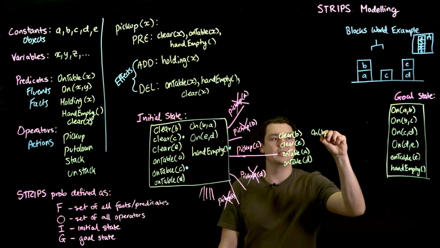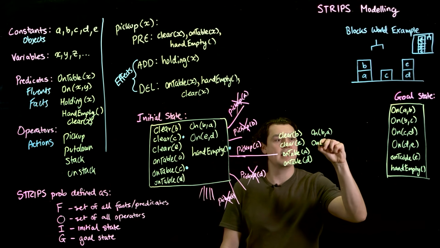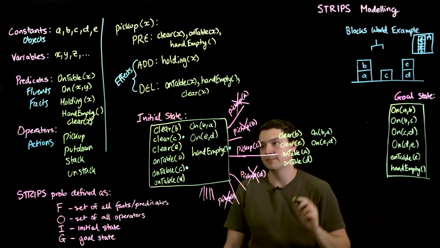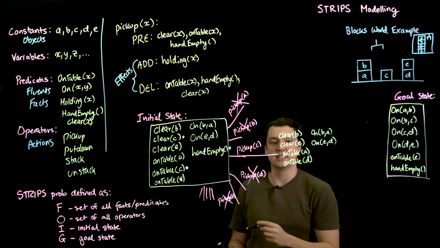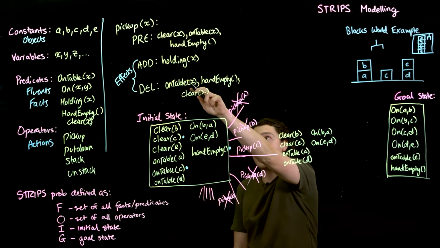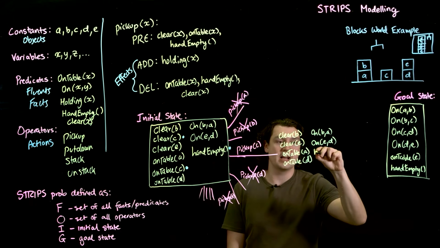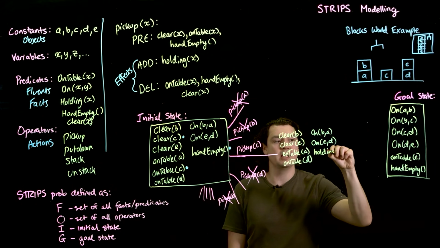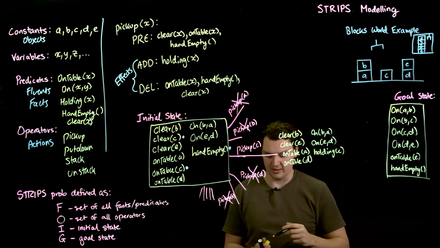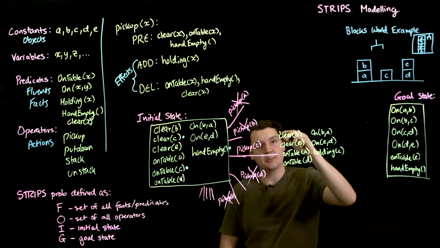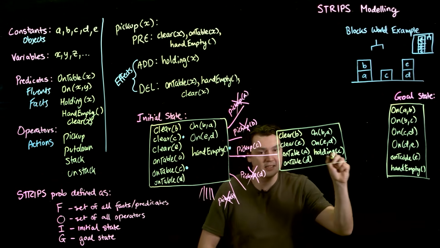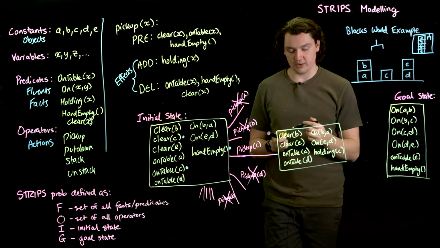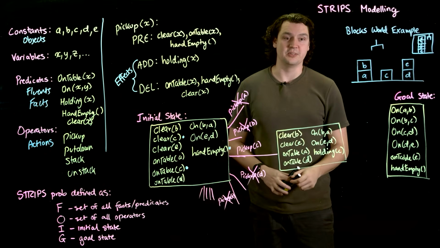On, B is still on A. E is still on D. Okay. The hand empty is also deleted. But we forgot to add facts. So we also add a new fact. We are holding C now, right? So we have picked up C. This is now the next state that we have arrived at in this worldview.